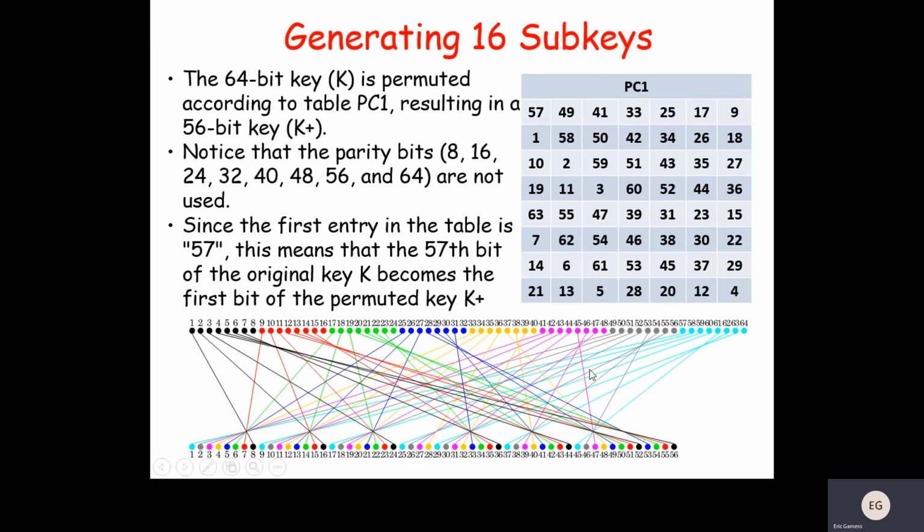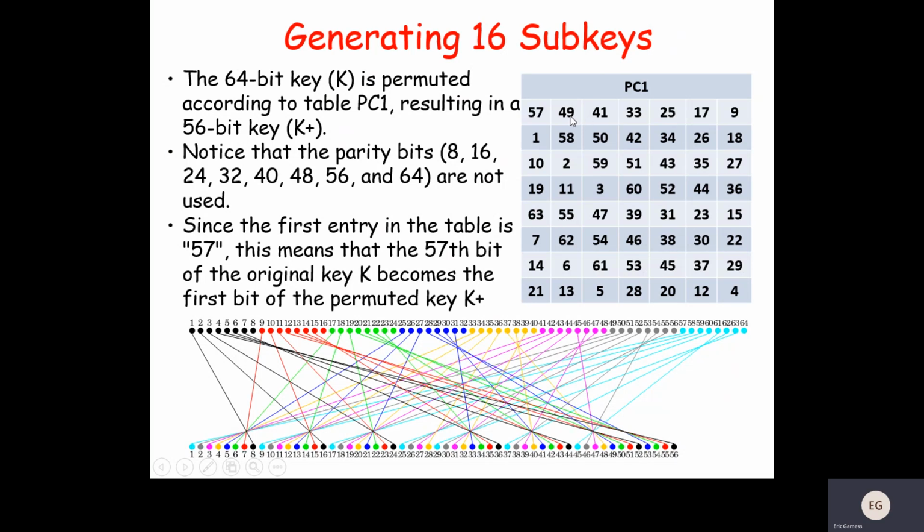Oh, yeah. Okay. So from 64 bits, we go to 56 bits using this table. This table says that the first bit of the result will be bit 57 of the input. If you look, this is the input and this is the output. I go to bit 57, and if you follow this line, it takes you to bit 1. So bit 57 of the input will be bit 1 of the output.